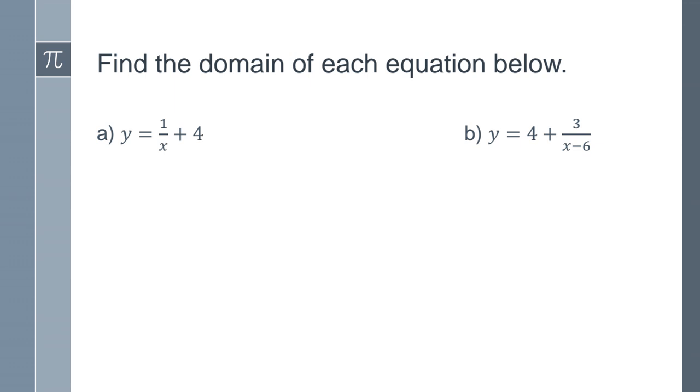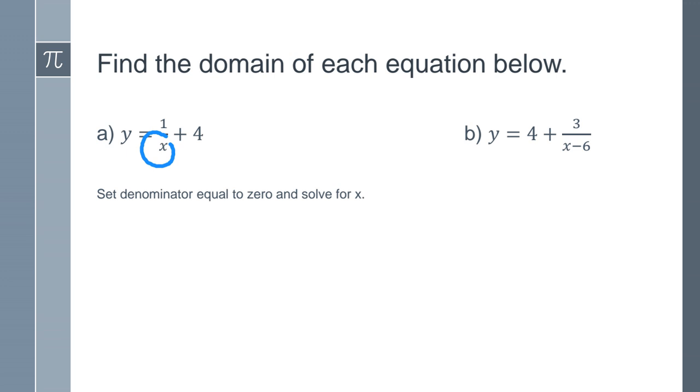Now the next one: find the domain for y equals 1 divided by x plus 4. Our first question is, do we have a fraction with a variable in the denominator? The answer is yes. As you can see here, we have x in our denominator. So here we cannot have the number 0 in our denominator because we can't divide by zero.